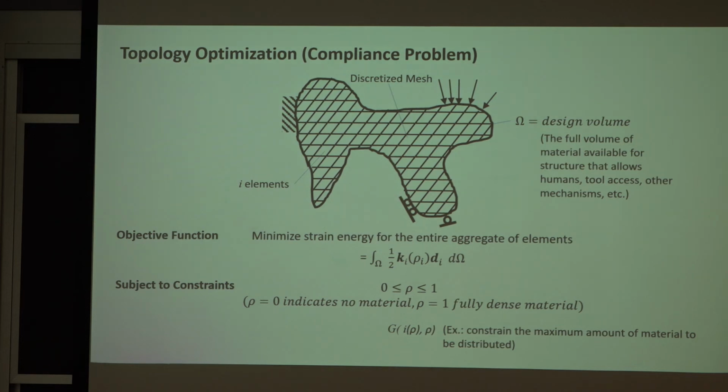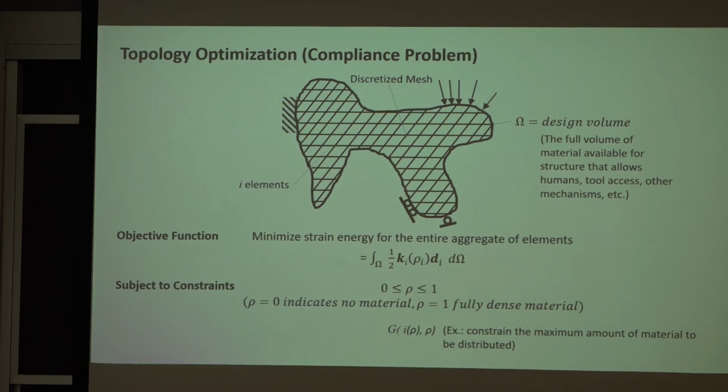Now, strain energy has a K in it, a stiffness in it. So somehow I have to figure out the K. And part of the genius of this paper is that they came up with an approach called a homogenization approach, where they relate the density to the stiffness of that element, so a stiffness matrix. Okay, so the stiffness matrix and the density go together, as well as the mass.